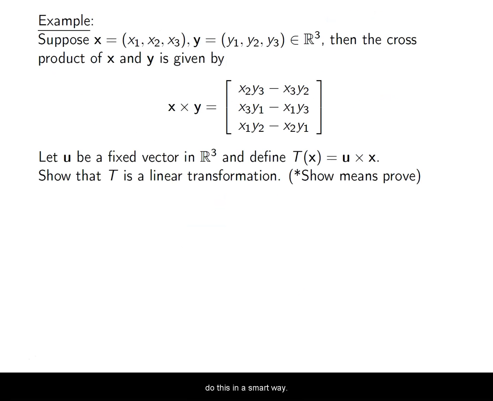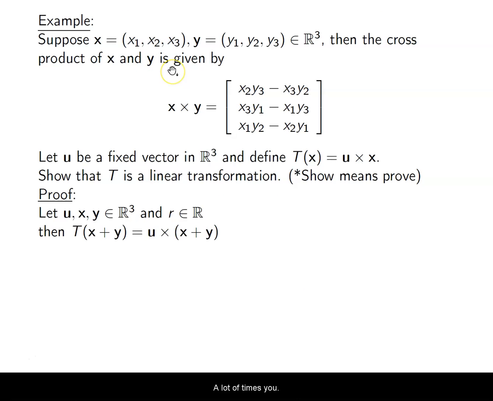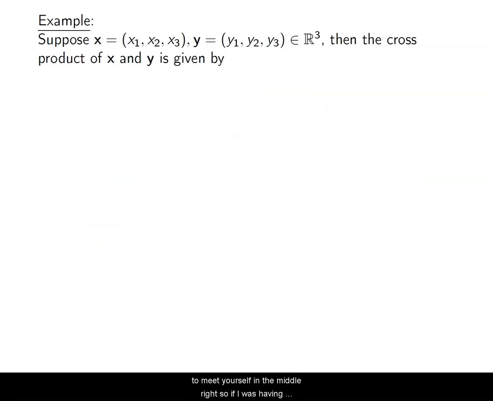So we're going to do this in a smart way. A lot of times you should never get a proof on the first try. You should definitely be doing a proof with an eraser and a pencil, and you should definitely work in one direction. Maybe start at the end of where you want to go and work backwards and try to meet yourself in the middle, right?